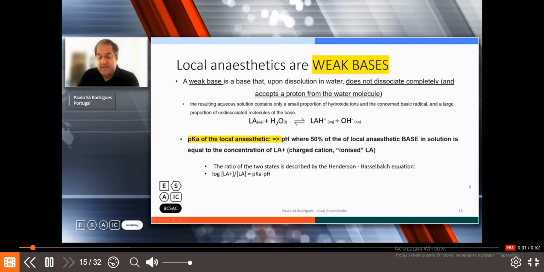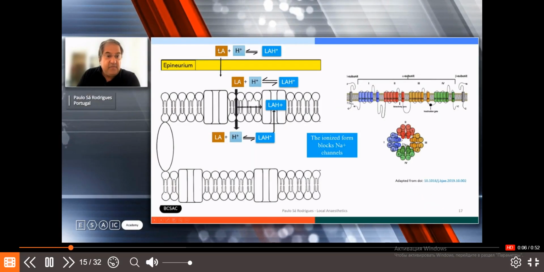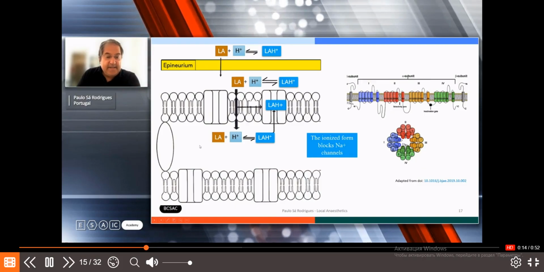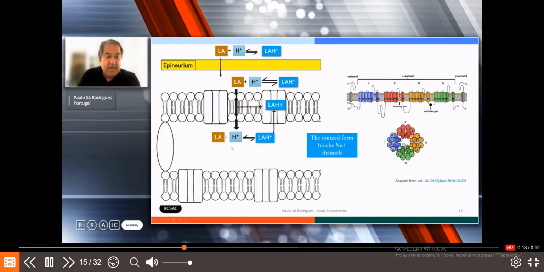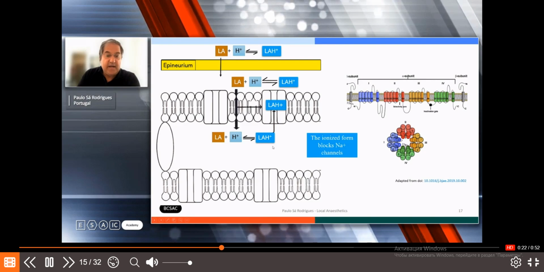So what happens is that the basic form may penetrate the epineurium and also the phospholipid membrane, and inside the cell the local anesthetic in the base form will dissociate again to its ionized form.